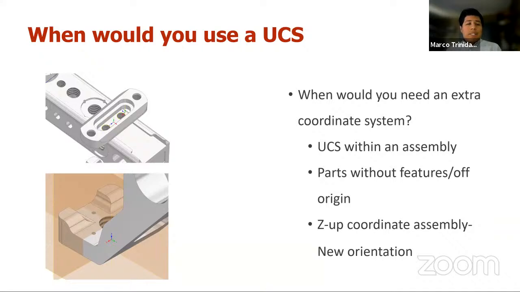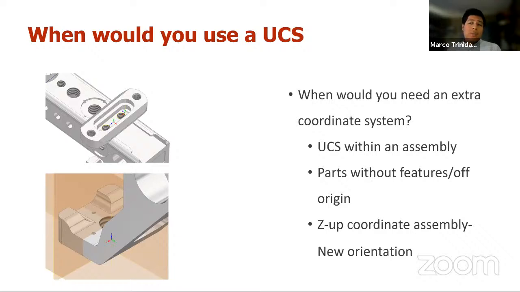Other uses outside of just within your assemblies are parts without features. If you have a part that doesn't necessarily have defined features like a new part would have in Inventor, you can still create a UCS within that part and use it to constrain it.